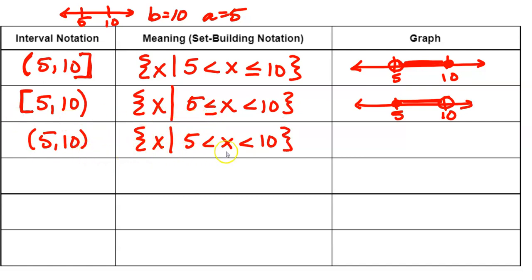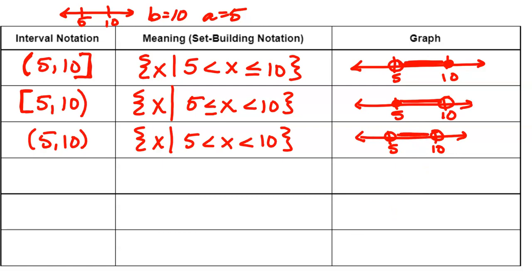And with our parentheses in this case, because I'm excluding 5 and 10, that means I need to have open circles on each one of those. So I would have a 5, a 10, an open circle at each, and I'm graphing everything in between. So that would give me the graph of that.